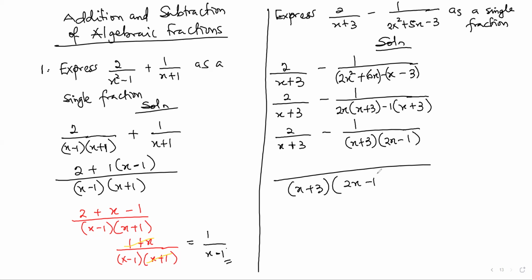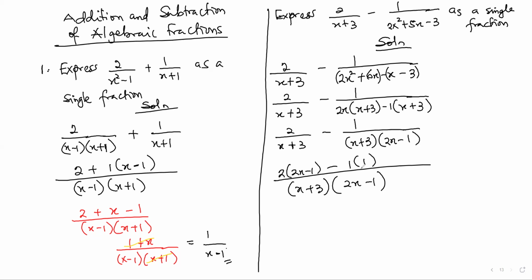Then 2x minus 1 is different, also in another bracket. So x plus 3 into x plus 3, 2x minus 1, it's like x plus 3 cancels. You are left with 2x minus 1, then times 2, which is 2 into bracket 2x minus 1, then minus x plus 3, 2x minus 1 into x plus 3, 2x minus 1 is 1, and 1 times 1 is what we have over there.